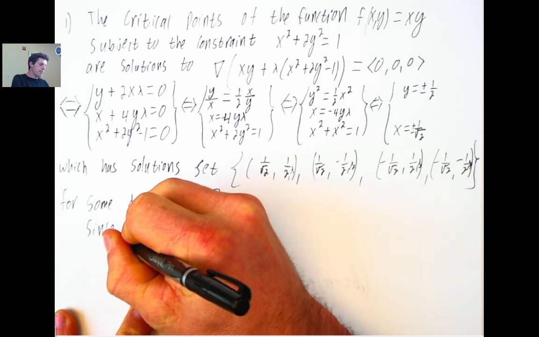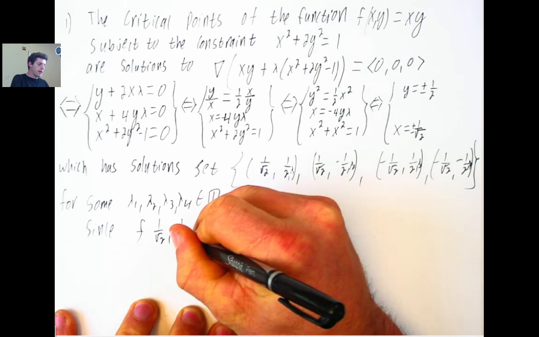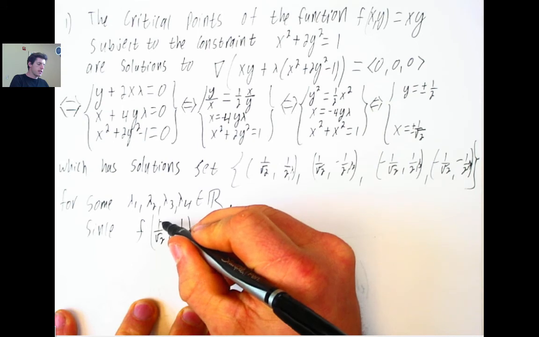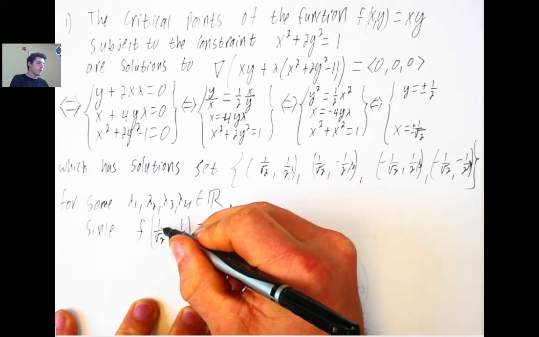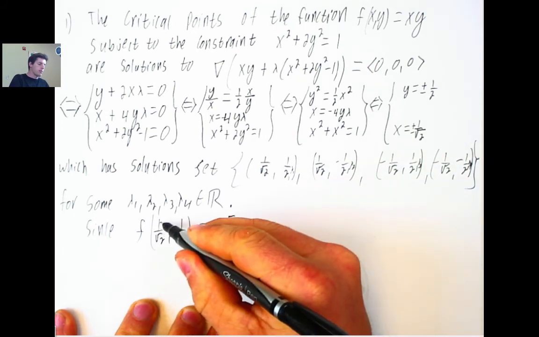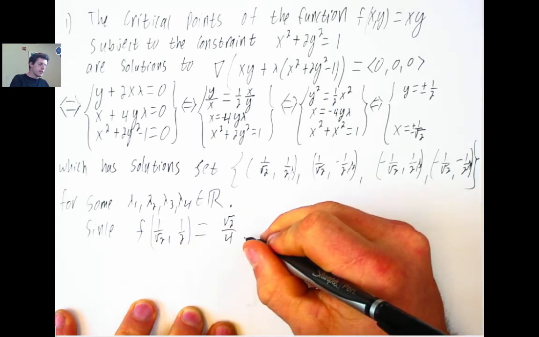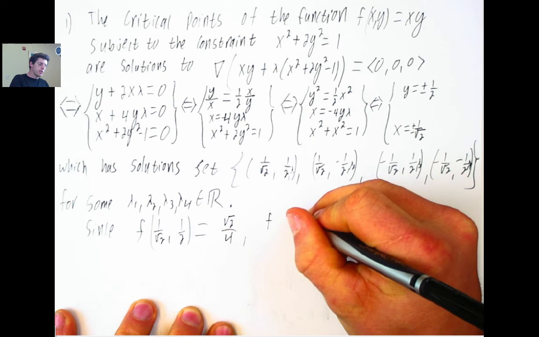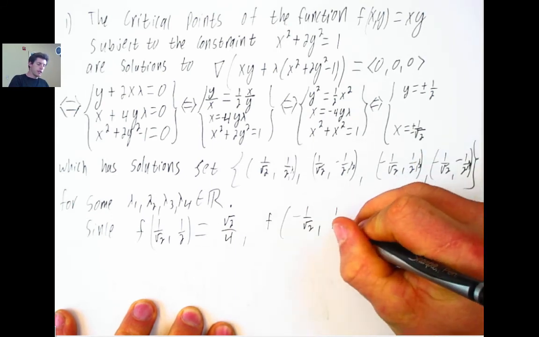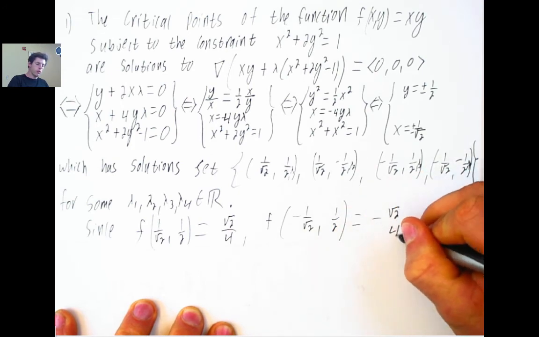Since f of 1 over square root of 2, comma 1/2 is, let's see, 1 over square root of 2 times 1/2. Let's see, isn't this a 2 over square root of 2? No, square root of 2 over 2 times 1/2, so this is actually square root of 2 over 4, because 1 over square root of 2 is square root of 2 over 2. And f of negative 1 over square root of 2, 1/2, is negative square root of 2 over 4.